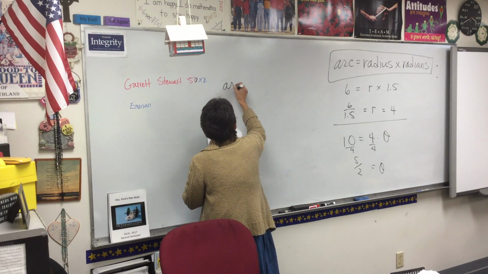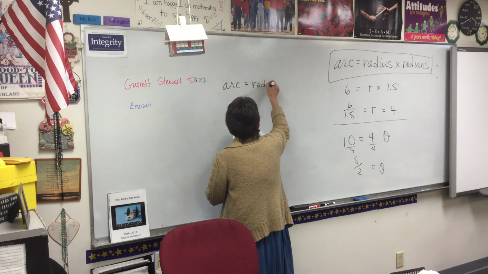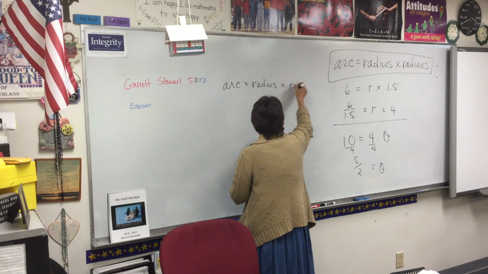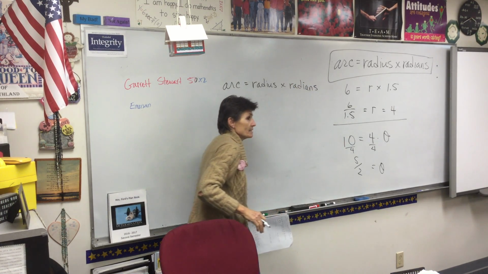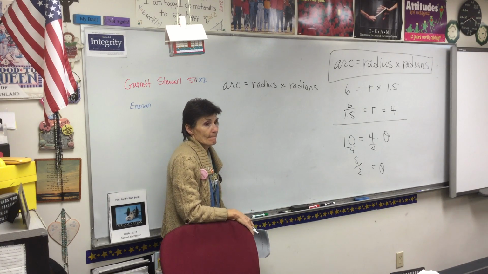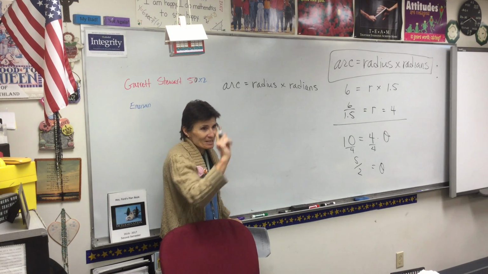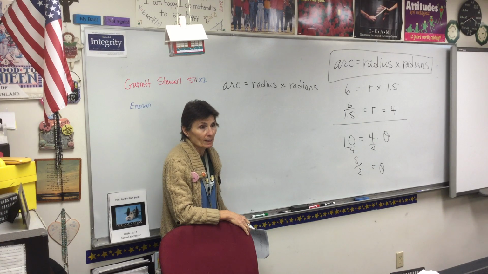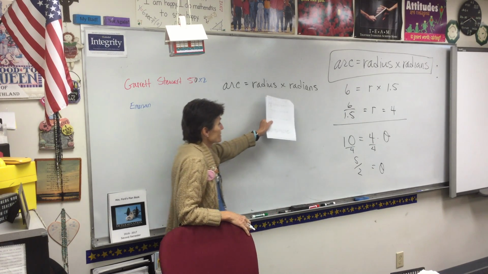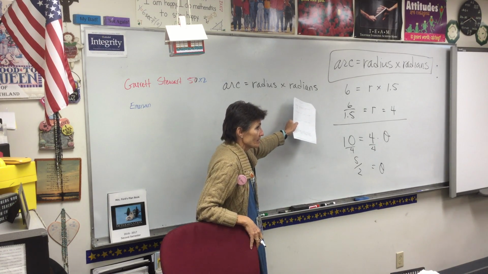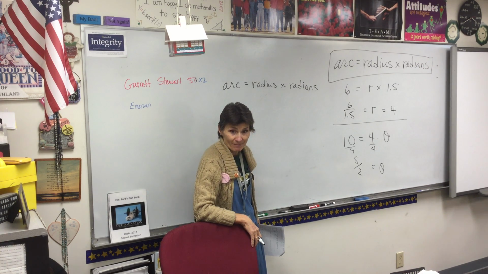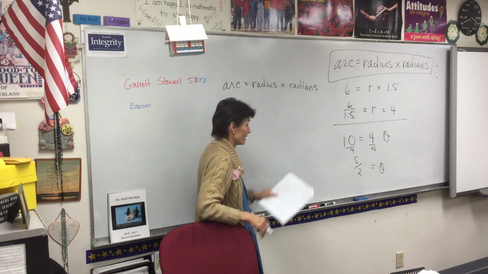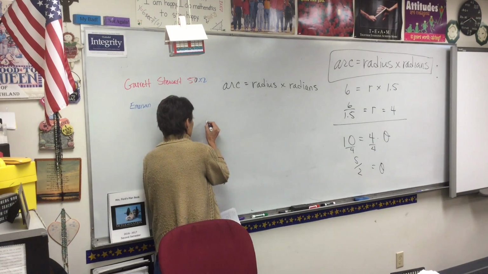D, arc length equals radius times radians. Do not forget that. So what is wrong with problem D? It's in degrees, Marco. That's a problem because the formula says you gotta be in radians. So we gotta change it, which is the very first thing we did. We have 30 degrees.